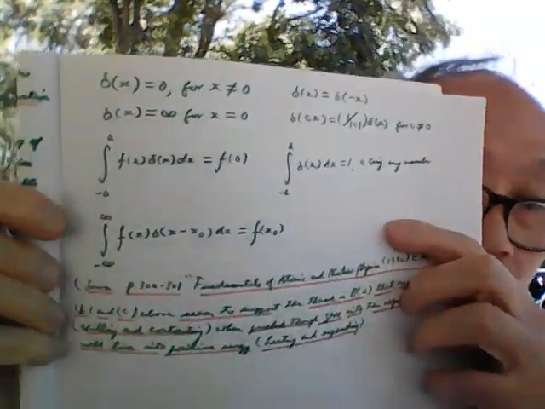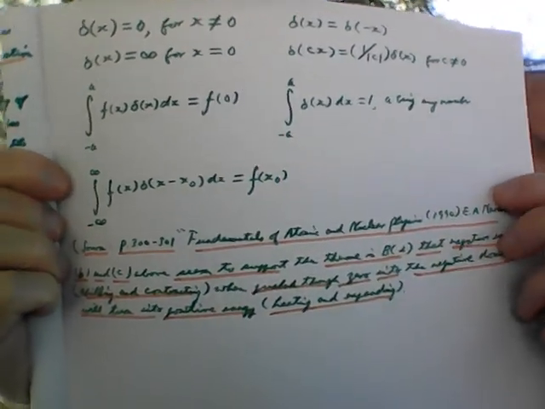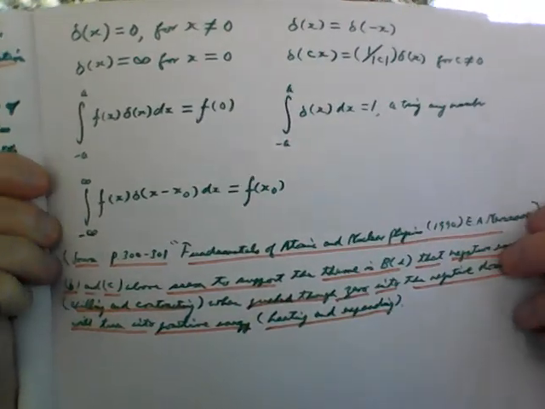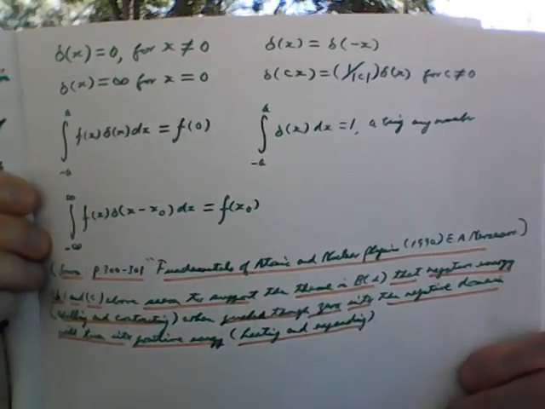These are the properties of the Dirac delta function. This is from the book, page 300 to 301, Fundamentals of Atomic and Nuclear Physics, 1990 edition, by E.A. Nesisov.